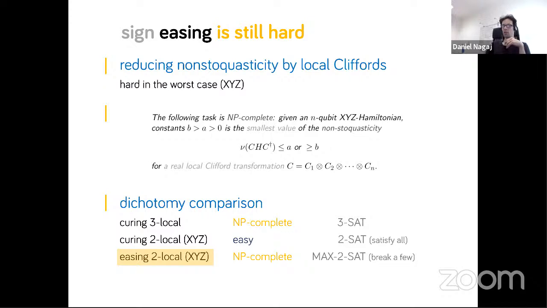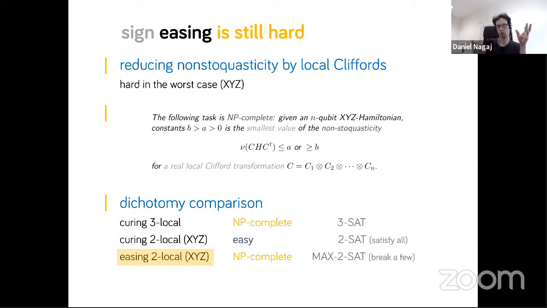So in the worst case, when you have a Hamiltonian of the XYZ type, which means XX, YY, and ZZ type interaction terms, two-local in general geometry, and you're allowed orthogonal transformations of the system, if you're able to calculate our measure of non-stoquasticity and decide whether it's below A or above some other value B, it will mean that you're solving max cut, and that means you will be solving NP-complete problems, which means that our problem is NP-complete.